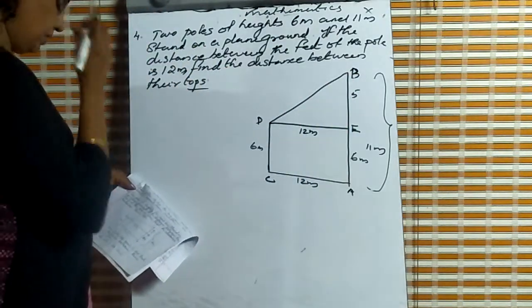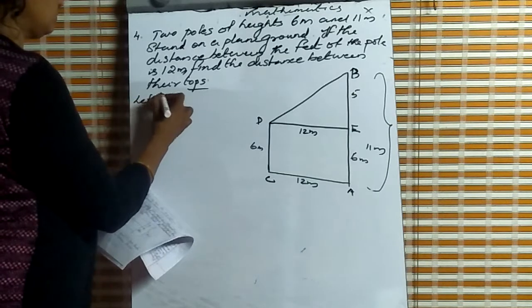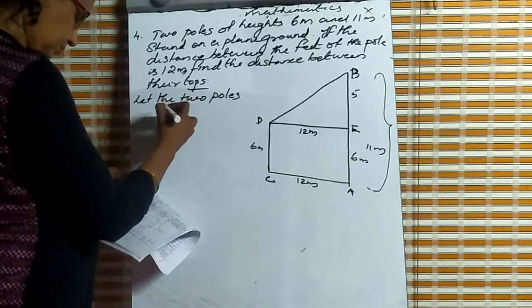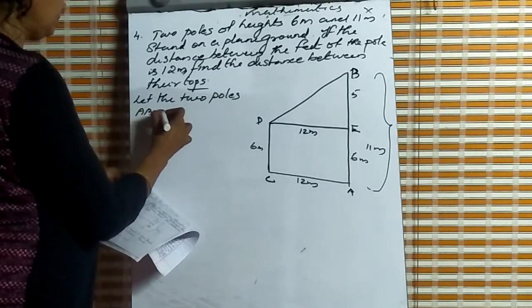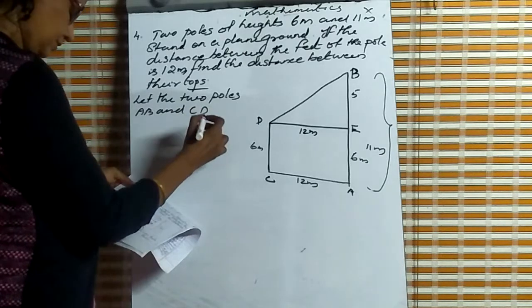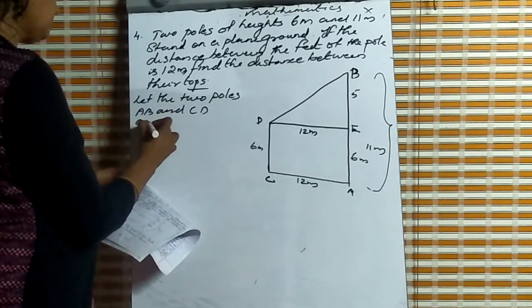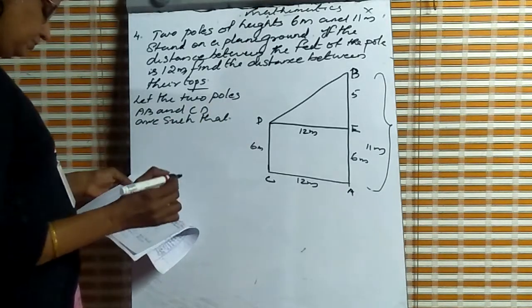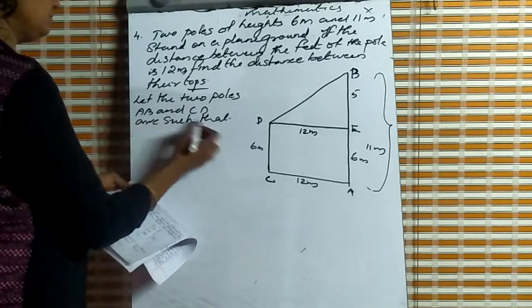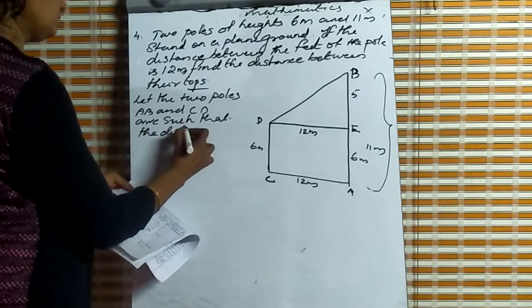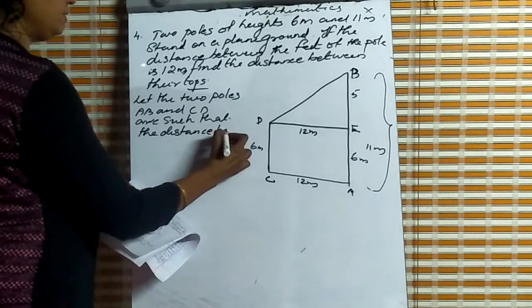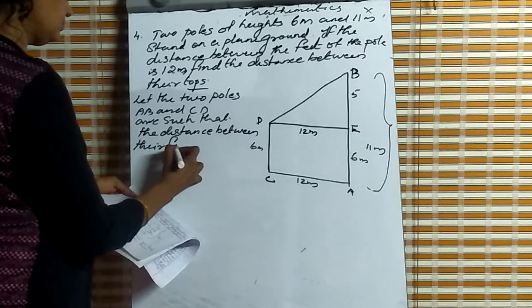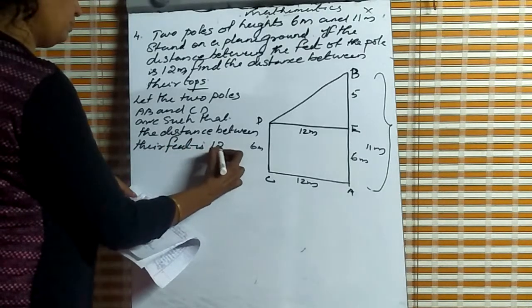So, listen what is given here. Let the two poles AB and CD be such that the distance between their feet is 12 meter.